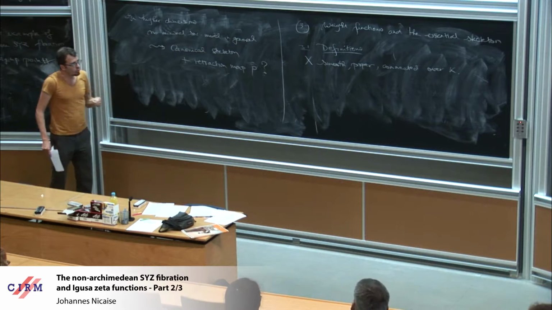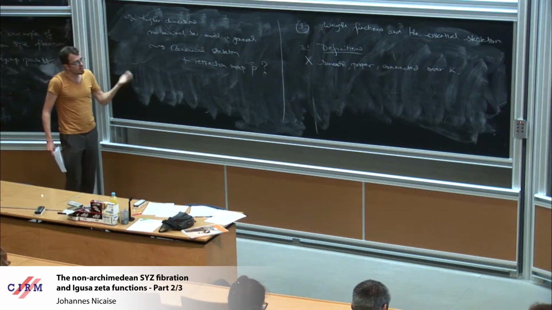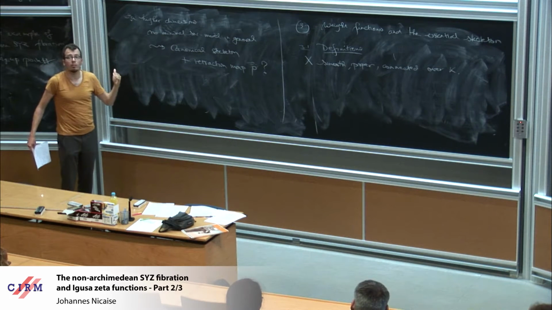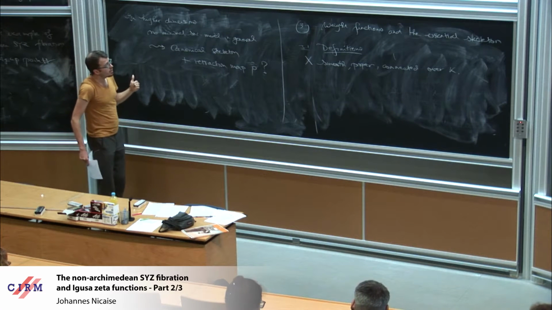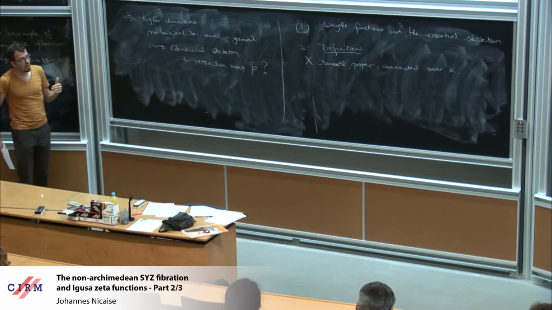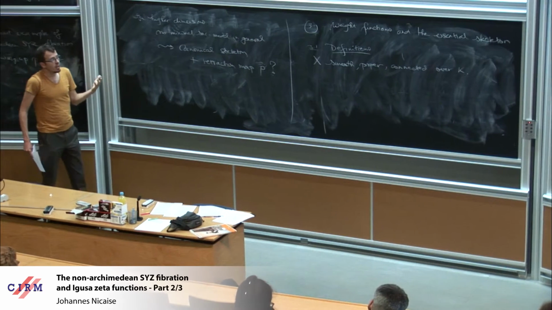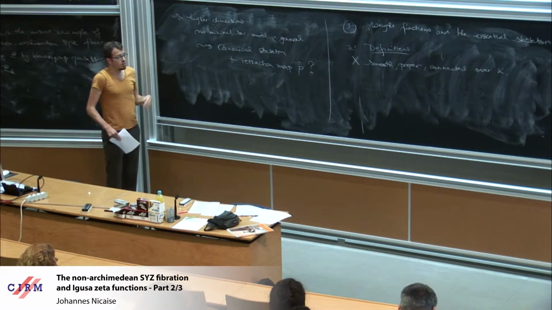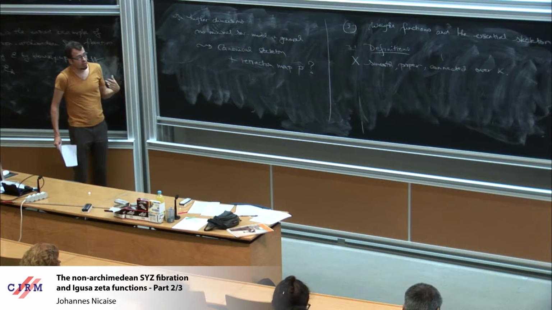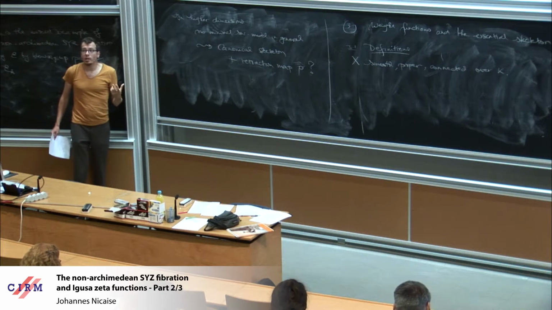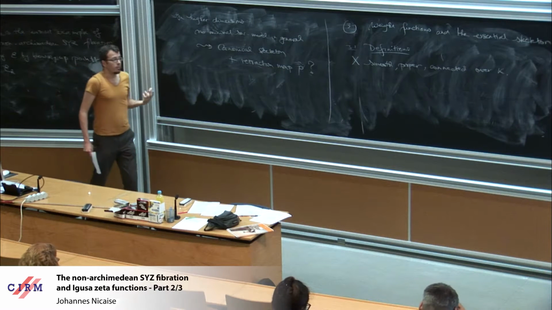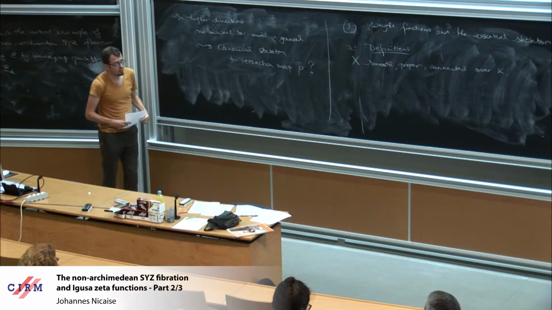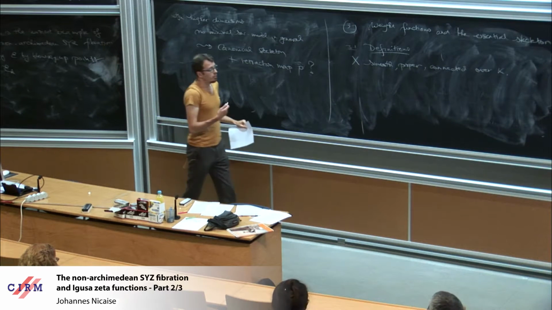But we will use some additional data on X in order to identify essential pieces of the skeleton of any possible SNC model. And so the idea is that if we just fix an SNC model at random, then some of the faces of the skeleton will be there because we made an unfortunate choice of SNC model. But some of the faces will be there because there are very good geometric reasons why they should be there in the first place. And so the additional piece of data that we're going to use in order to find these essential faces of the skeleton is a pluricanonical form.